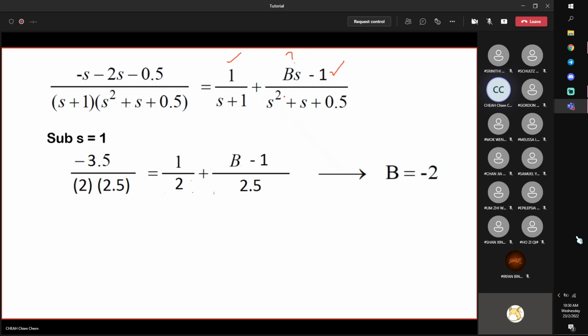Just put any value of s into this expression, you can get B easily. For example, put s equal to 1, or s equal to 2, s equal to 100 is also fine, but choose a value which is easier to calculate. 1 is good. And you get B equal to -2.